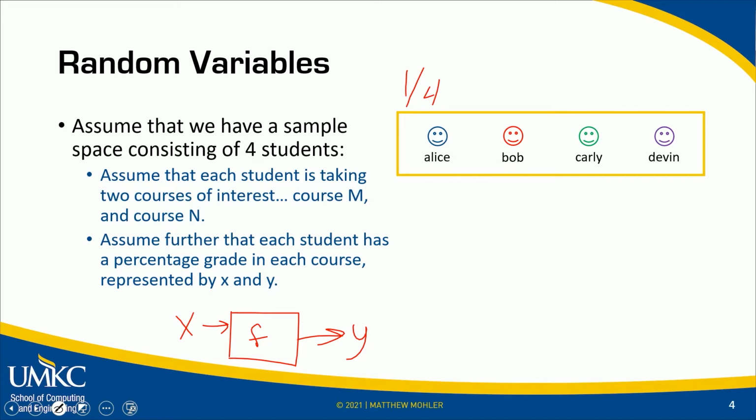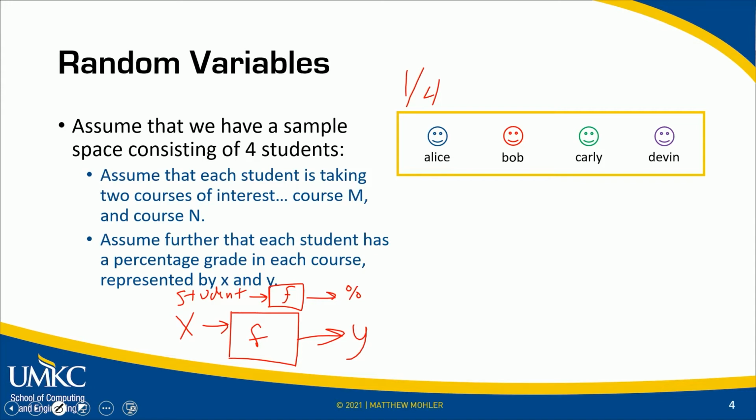Well, in this case, we can put in a student, whether that be Alice, Bob, Carly, or Devin, put them into some function, and then get an output that is the percentage or the number of points that they have in a given course. So there may be 2 different functions, one for course M and one for course N.